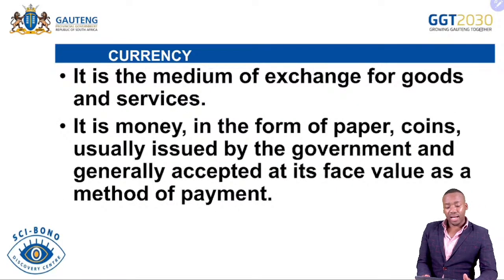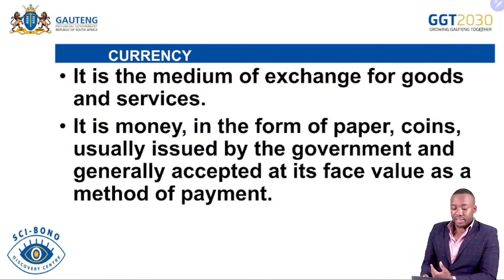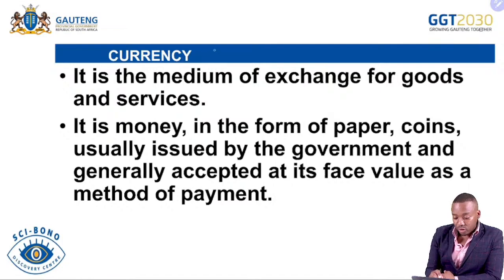Let's just first start to try to explain this term currency. So when we are talking about currency, obviously we are talking about money. But in this context, what type of money are we talking about?